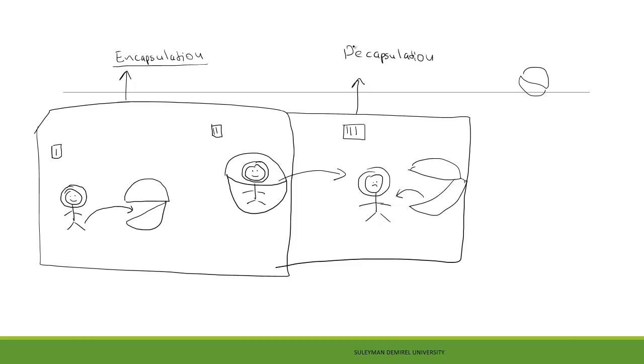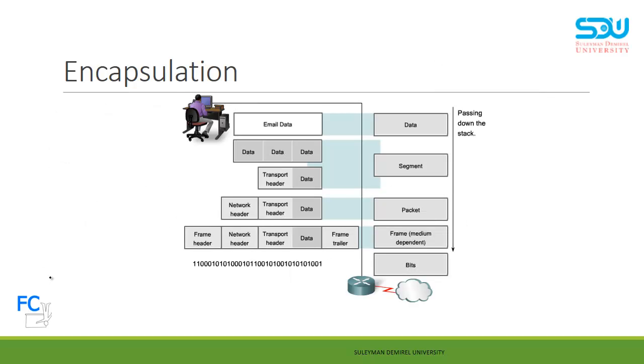So we have the process called encapsulation, when one object enters into another object, and when this object comes back out from that object, the process is called decapsulation. Why did I show you these two terms, encapsulation and decapsulation? Because we are going to use them in the next slides.